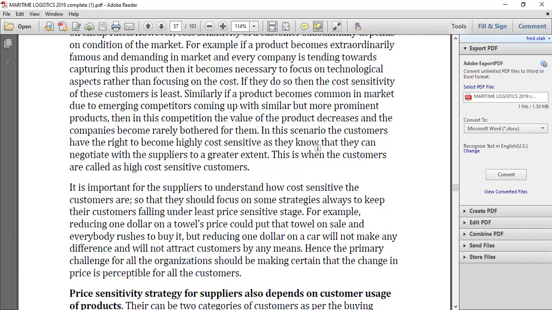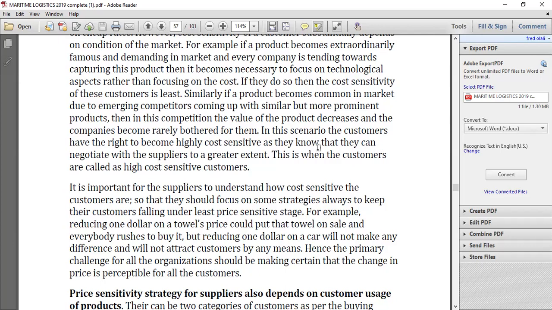It is also important for the suppliers to understand how cost sensitive their customers are, so that they should focus on some strategies to always keep their customers in the least price sensitive stage. For example, reducing $1 on a towel price will put the towel on sale and everybody rushes to buy it.